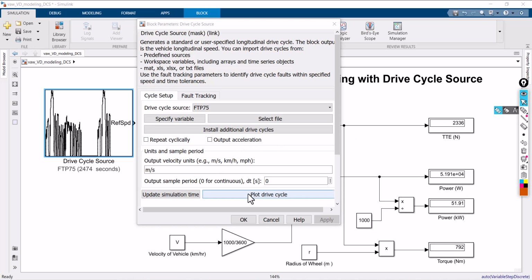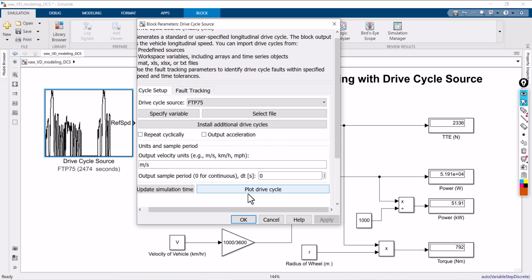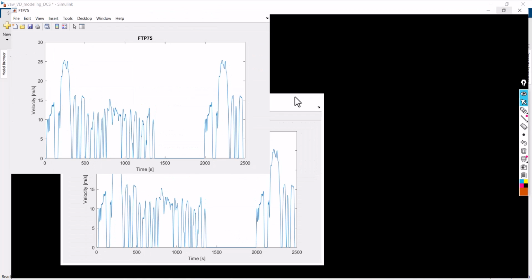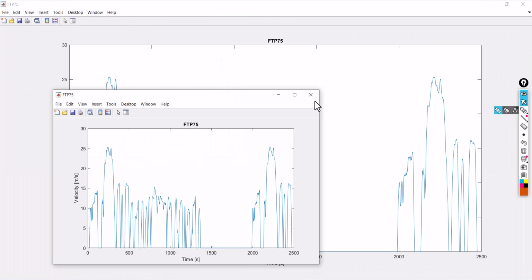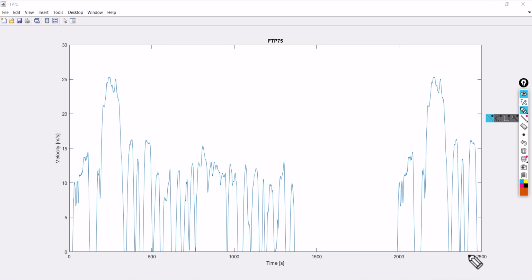Now I'll show you what the drive cycle source is here. I'm going to plot the drive cycle source. See, this drive cycle source has data up to 2474 seconds, with time on the x-axis and velocity in meter per second on the y-axis.